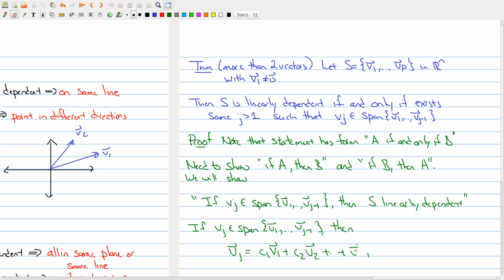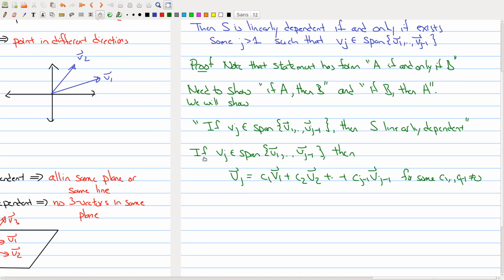Oh, forgot the coefficient. Put that in. Cj minus 1, Vj minus 1. All right. For some C1 up to Cj minus 1, not all equal to 0.